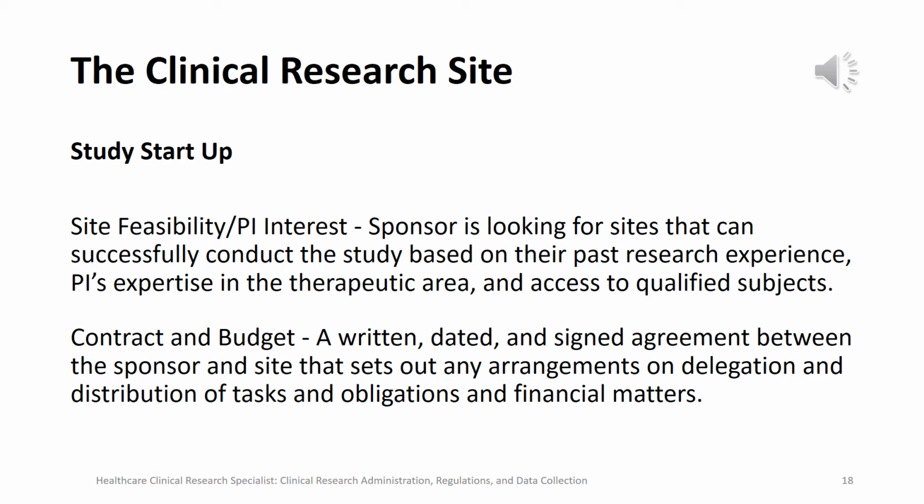There'll be a budget that explains how the site's going to be paid for the various procedures that they do, and everyone's going to have to agree to that. And then there's going to be some negotiating back and forth on it, but it'll be a signed document once we get finished, and then we can't really proceed much further until we get those contracts executed.